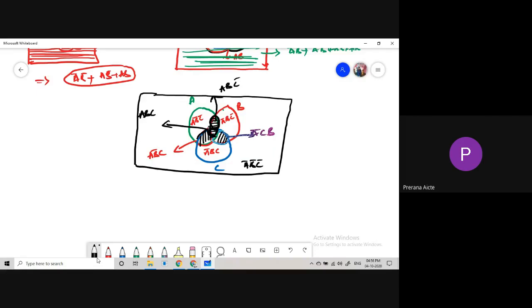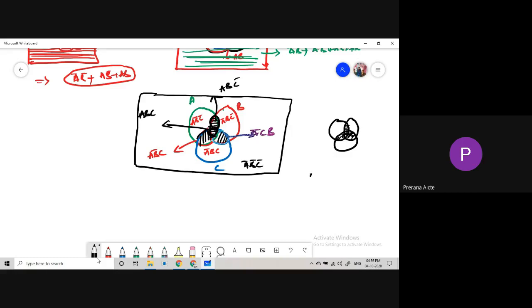Super. So if the question will be like this, what is the answer? How many terms are you taking, four terms or eight terms? Four terms.